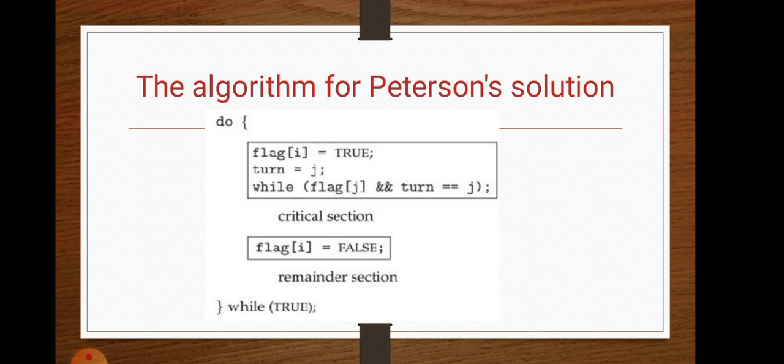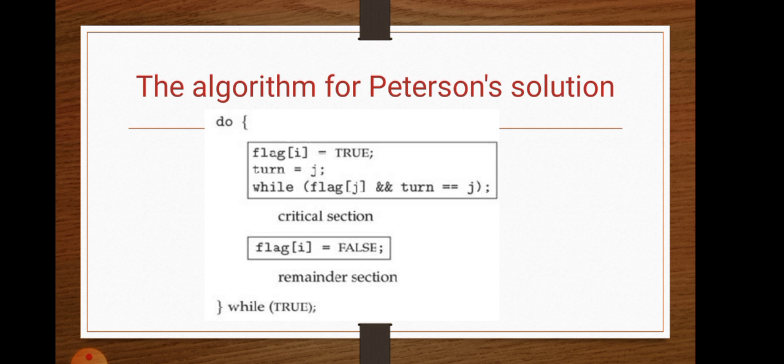If P0 and P1 both try to execute at the same time, then you need to check this condition, that is while flag of j and turn is equal to j.